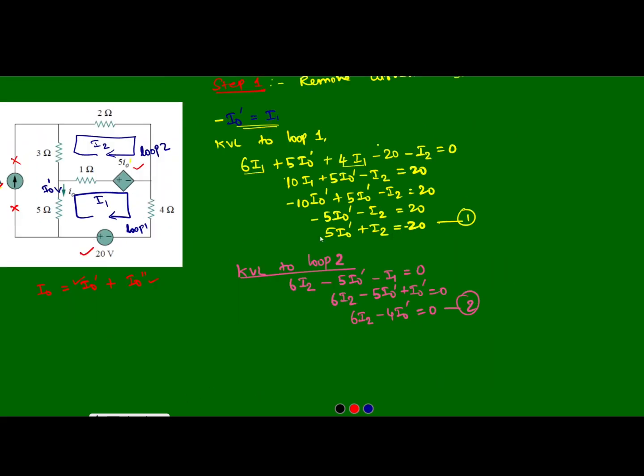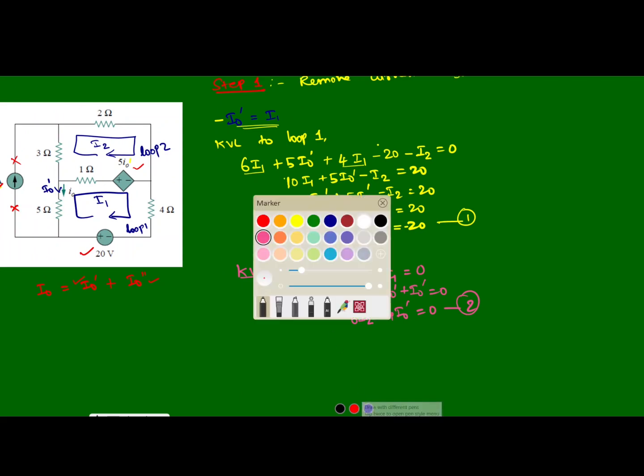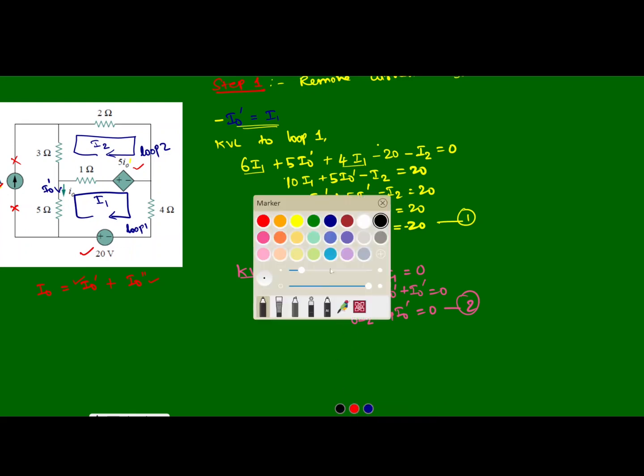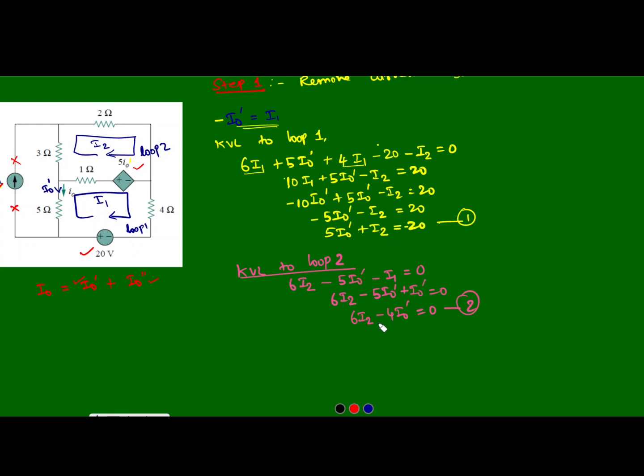Now I want the value of I0 dash. For that I must do the simplification. How can I do the simplification? I need to solve these two equations. When we see this, the common term is I2. For elimination of I2, I can multiply the equation 1 by 6 on both sides of this equation.